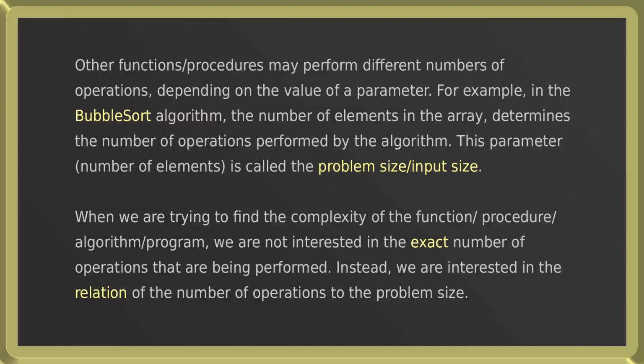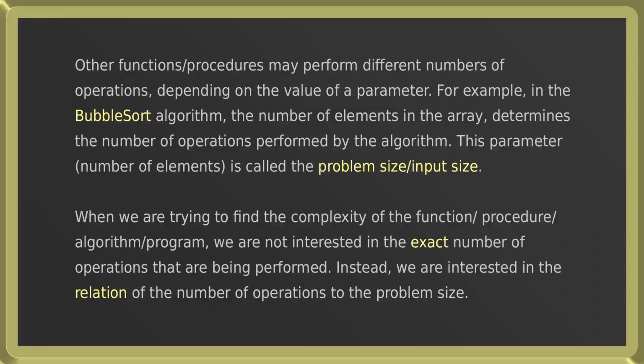This parameter, number of elements, is called the problem size/input size. When we are trying to find the complexity of the function/procedure/algorithm/program, we are not interested in the exact number of operations that are being performed.